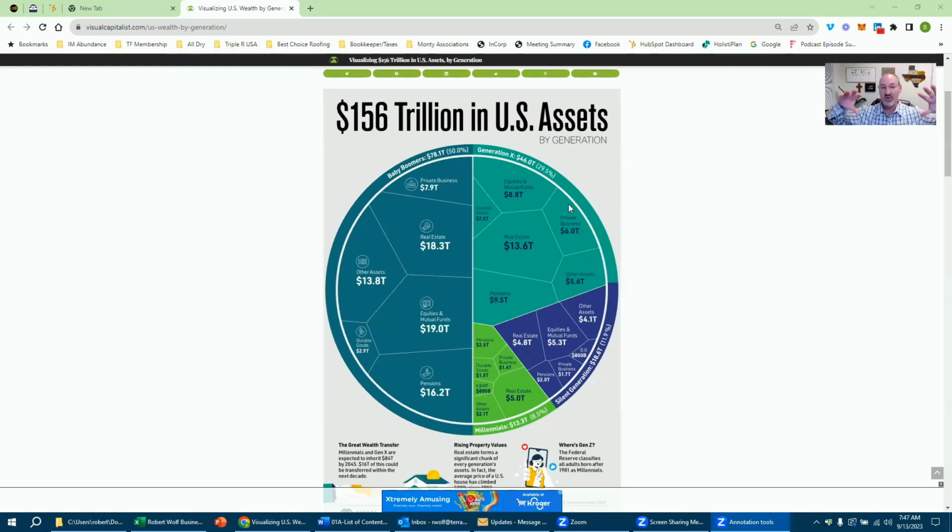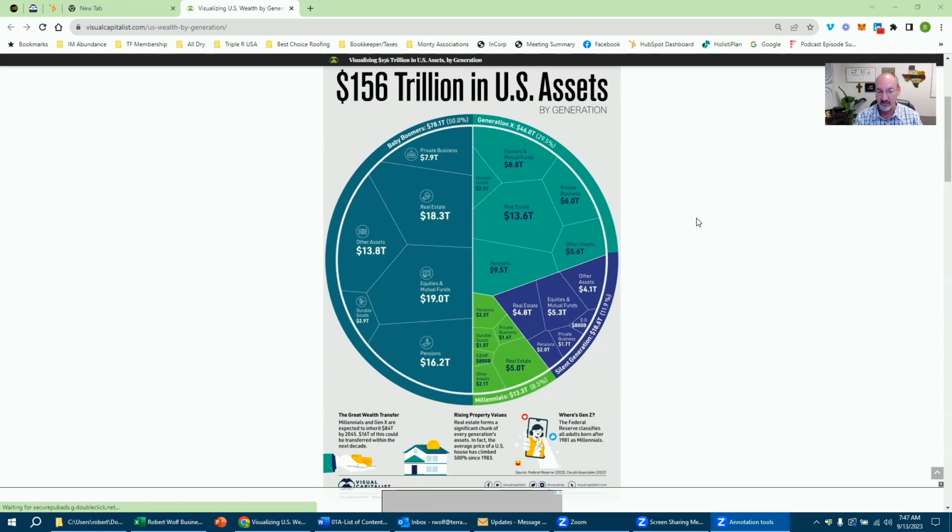How do we minimize taxation on these? How do we create these legacies? How do we allow these monies to flow into other generations or to charity? You'd rather have more control over what to do with these dollars than the government have control over them. And so that's what you've got to decide in the planning process with these assets moving forward.